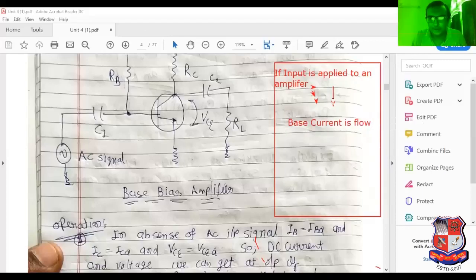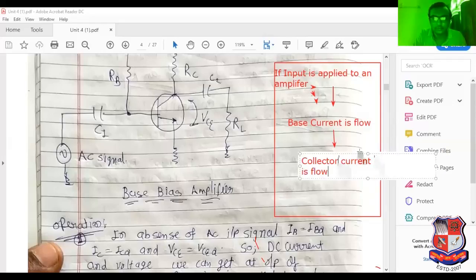Now, if base current flows, then collector current flows. Collector current IC equals beta times IB.